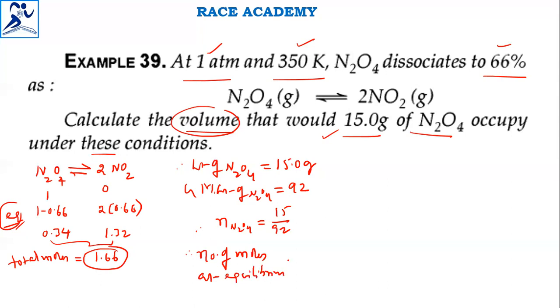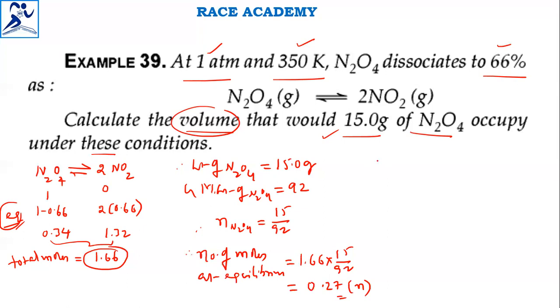Because we have 1.66 there. Number of moles at equilibrium is not 1 mole, it is 1.66. So we will multiply 1.66 with 15 by 92, which we got. After that we will get 0.27. It is the actual number of moles to find the volume in the question.